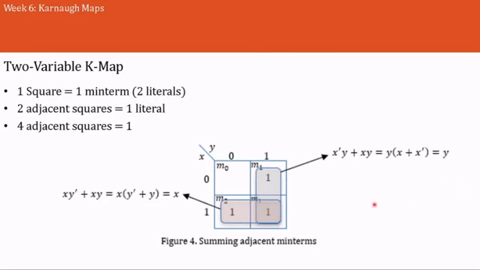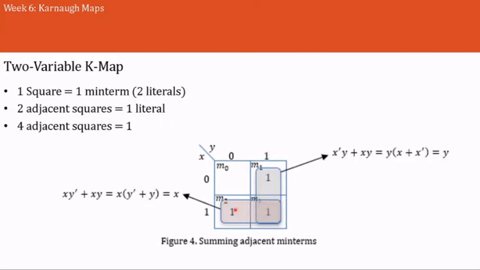But in a Karnaugh map, what we do is look for similarity. If it is not similar, we cancel it out. But if it is similar, we get what is common in the group. Let us first look at minterm 2 and minterm 3.